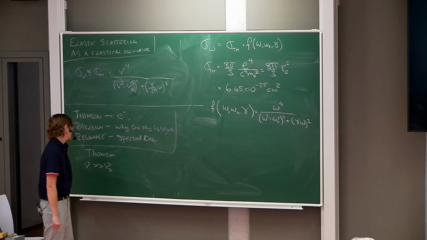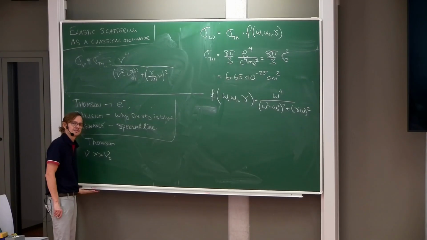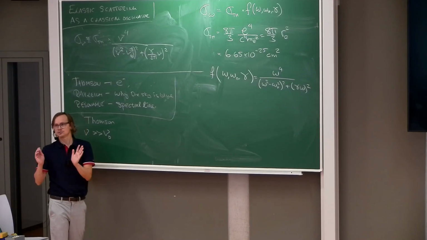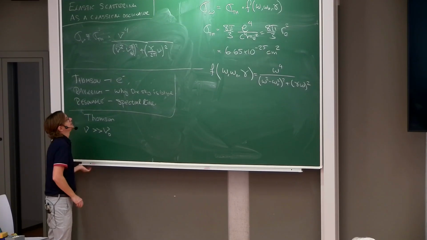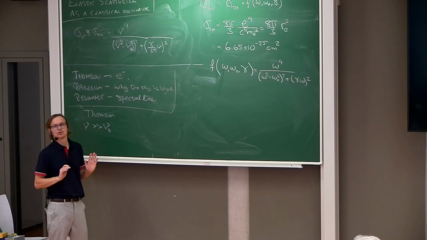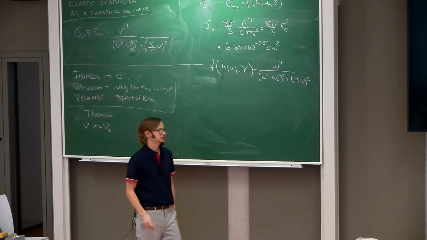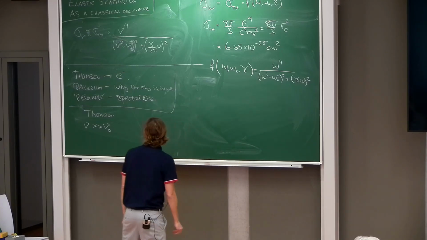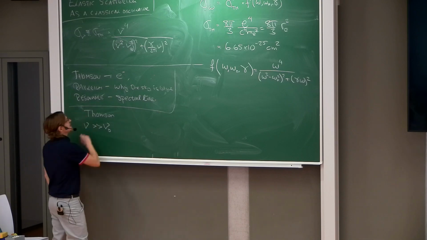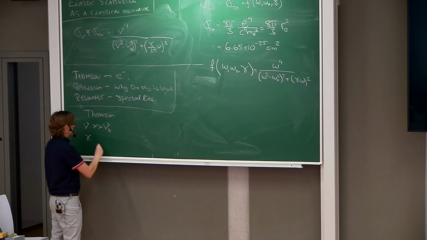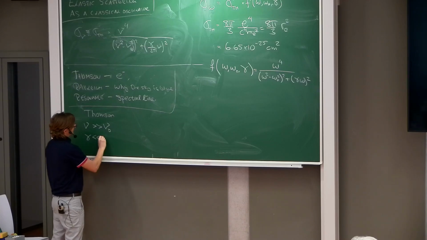And then we're going to have to make an a priori assumption here, which turns out to be very true, but we haven't shown it yet. And that is that we have weak damping. We don't have strong damping systems. If we have too strong damping, we don't get an oscillation in the first place. But in this case, we assume weak damping. That is that the damping coefficient gamma is much, much smaller than the frequency.